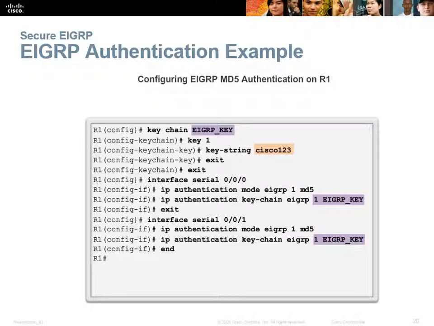And here's an example of it. If the key chain is EIGRP_KEY1, key string is Cisco123. I'm going to exit, go back to the serial interface. ip authentication mode eigrp 1 md5, and I'm going to use ip authentication key-chain eigrp 1, which is the autonomous system number, and the name EIGRP_KEY1, and then exit.